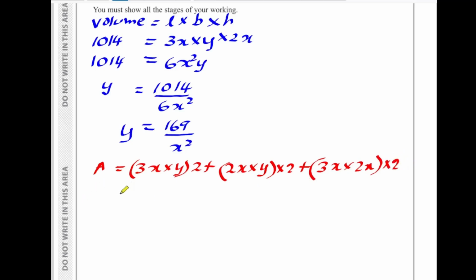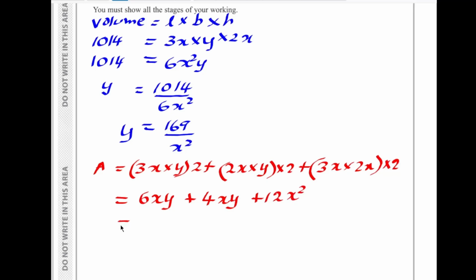Now let's simplify this one. 3x into y, 3xy into 2, 6xy, plus 2 into 2, 4xy, plus 3x into 2x, 6x squared, into 2, it is 12x squared.